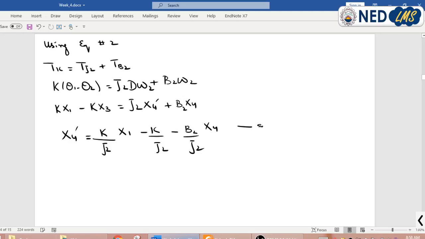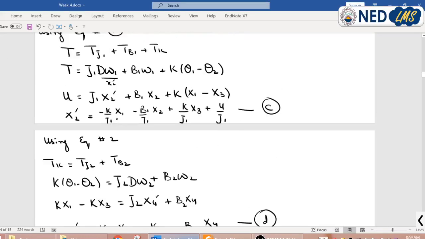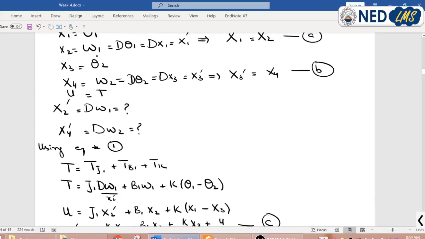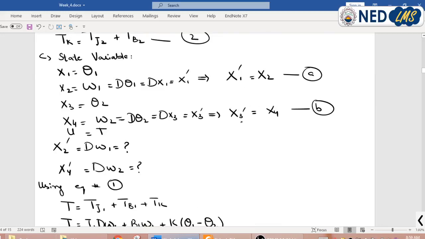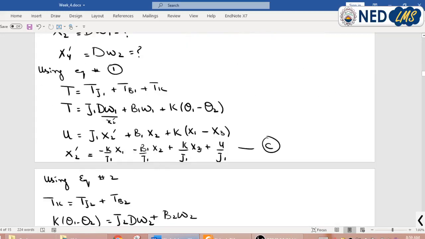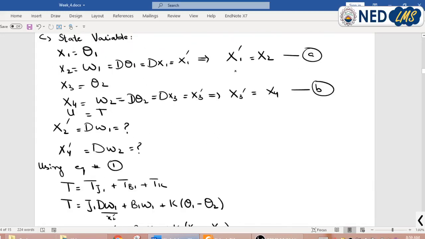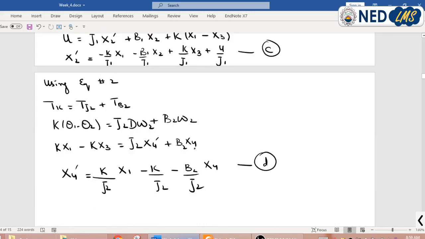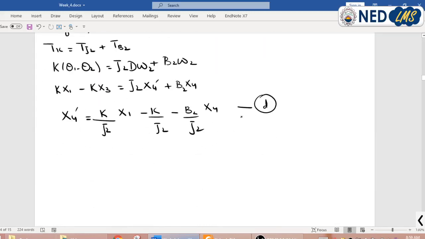This is my equation D. So all four state equations are now available here: x1 dash and x3 dash from A and B, x2 dash is here and x4 dash is here.